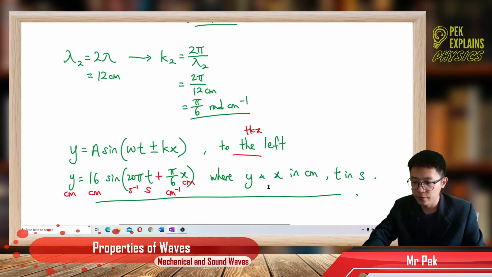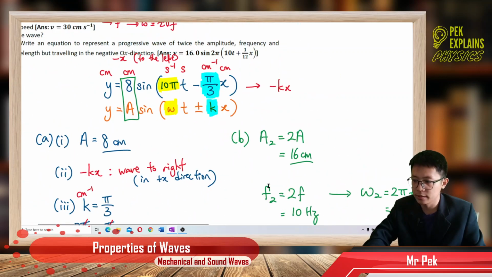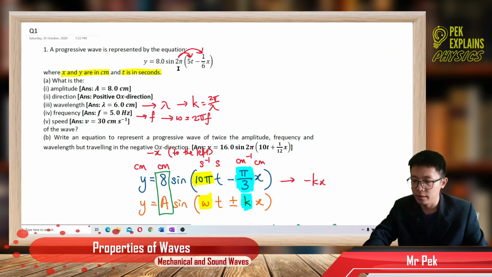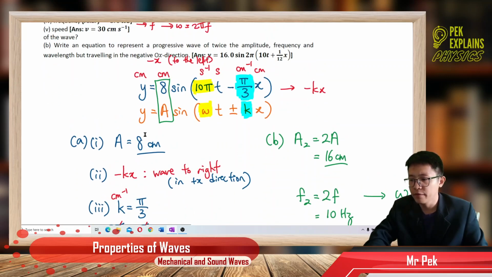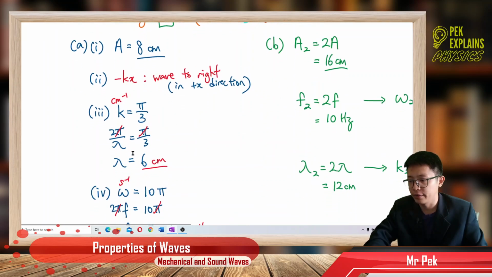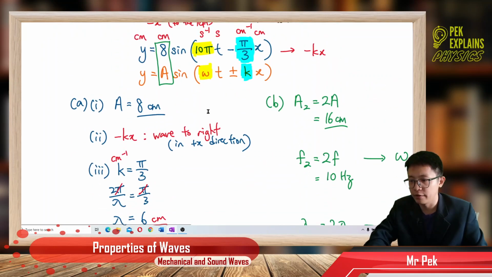So that's all for this question. Basically the tip is you must expand first. If you see a bracket like this, you must expand first. Then only can you compare with the amplitude, omega, and k. From omega, you can get the frequency, and from the wave number k you can get lambda.